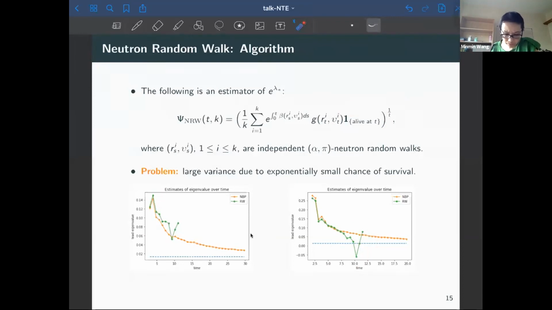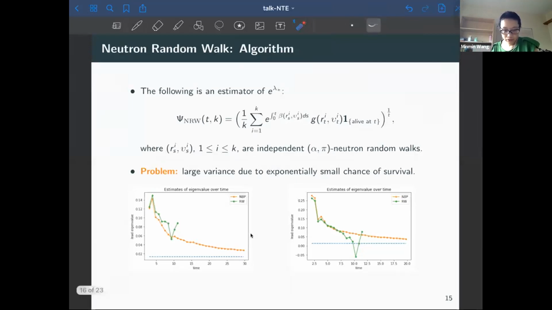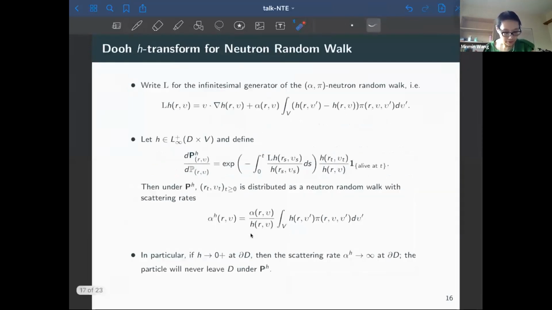So you may start with a very large number of simulations, but you might end up with only a handful of particles which are still alive at time t, or even none at all. Clearly, this will be very bad numerically. So this is the problem with the neutron random walk, but all is not lost.